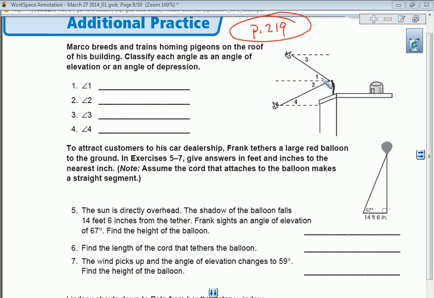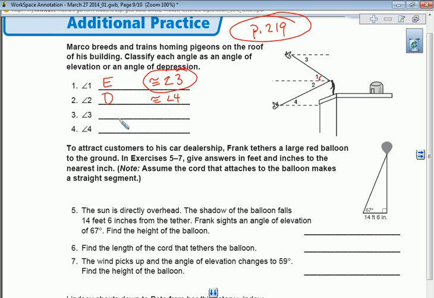All right, angle number 1 right here. Is that angle of elevation or angle of depression? Elevation is going up. Now, angle 1 is congruent to what angle there? It is congruent to angle 3. Okay. Number 2, elevation or depression? Depression. What is angle 2 congruent to? 4.